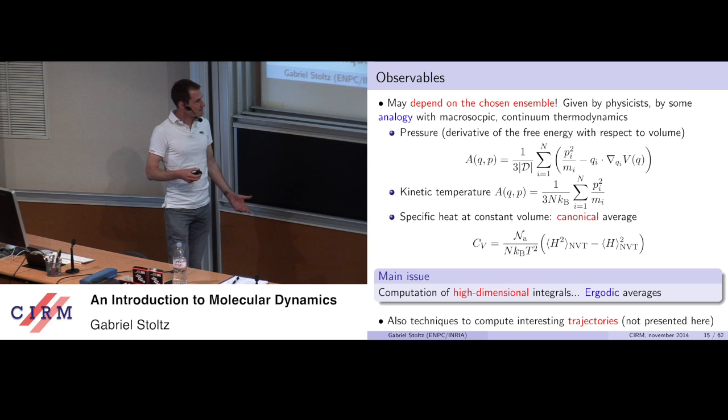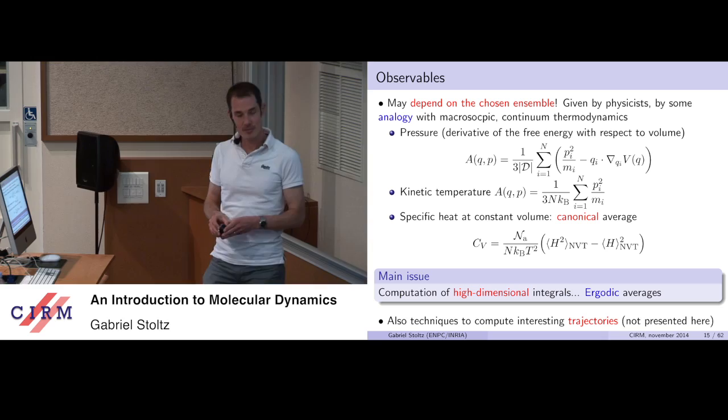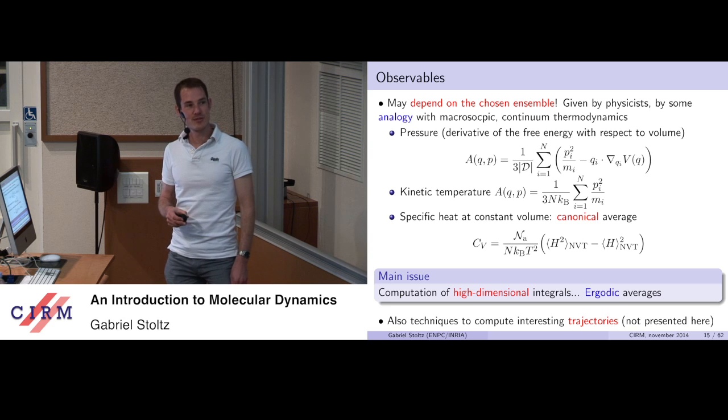So usually, when you have such large dimensional integrals, you use ergodic averages, meaning that you consider some appropriate dynamics which will visit the full space, and the average over one trajectory will converge to the true average. And ergodic is nice because when you integrate the dynamics in time, the integration is in dimension 1, and discretizing something in dimension 1 is okay.